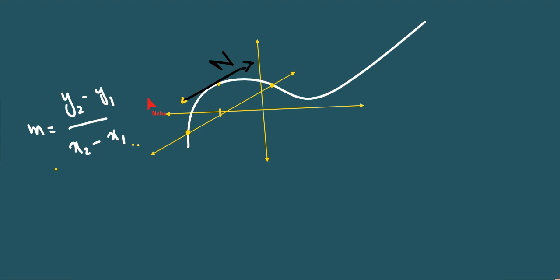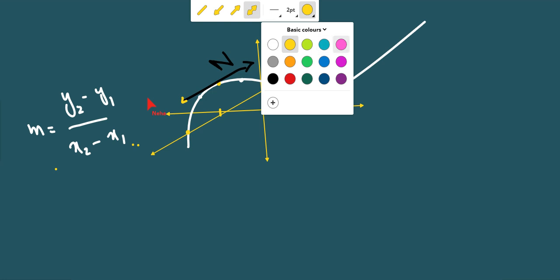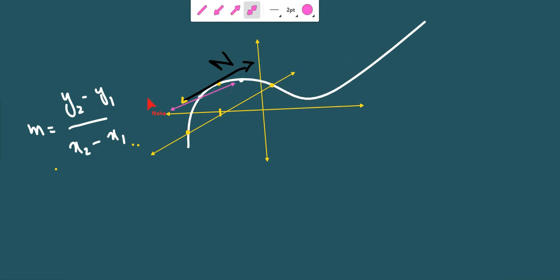If I take these points closer to this point, then I will get this type of line.